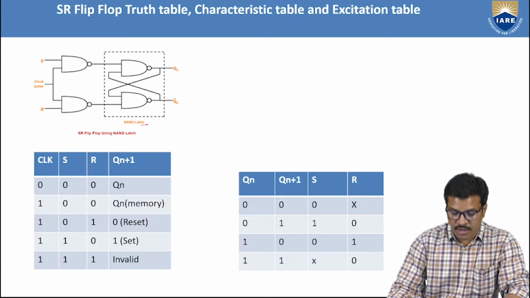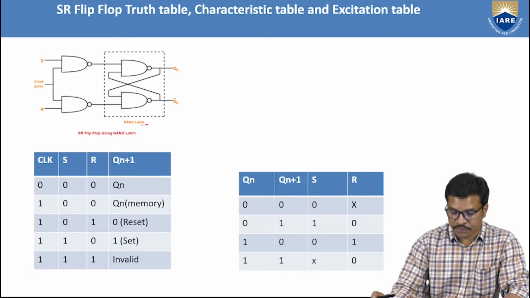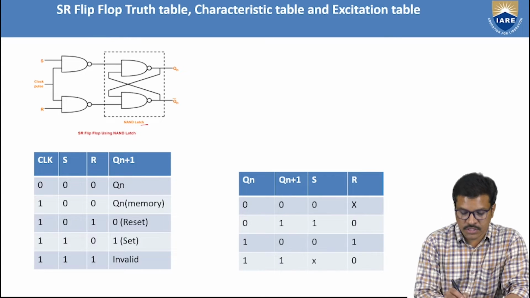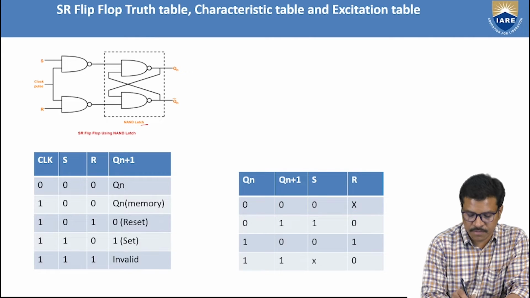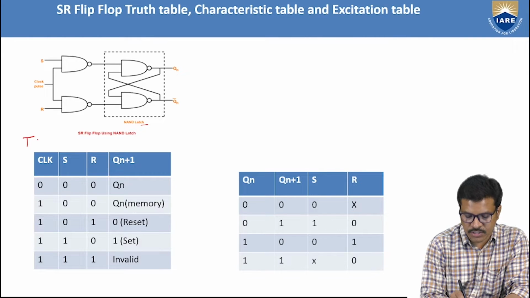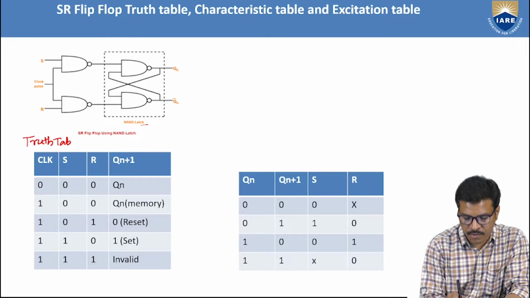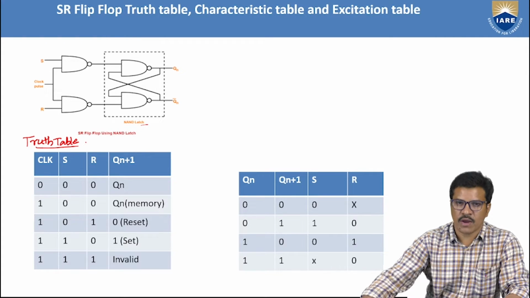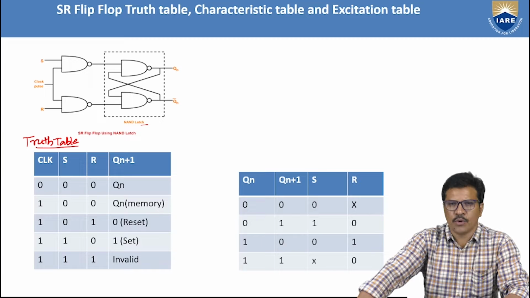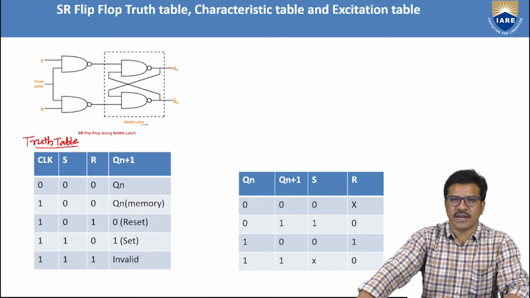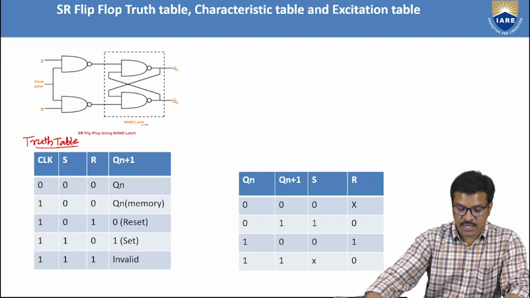If you see the truth table, this is called the truth table, which explains the output values for different input combinations.